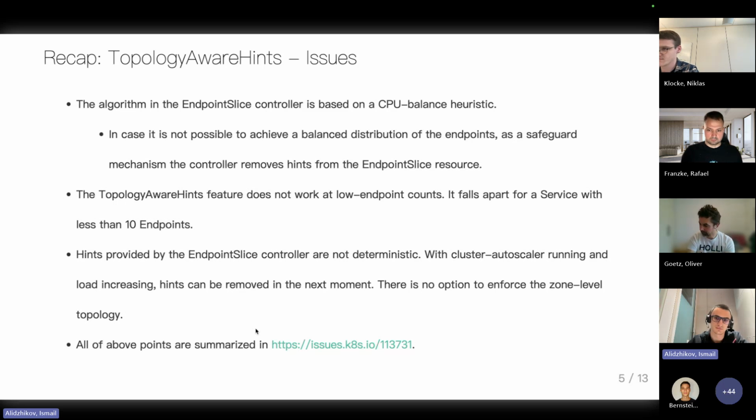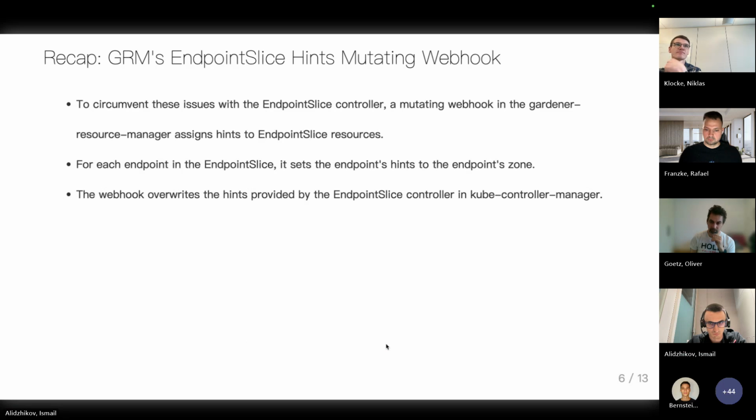And with this feature, there is no option to enforce zone-level TopologyAware routing. Years ago I reported all these findings in an upstream issue, and back then, to work around these issues on our side, we implemented a webhook in GRM that is mutating endpoint slices.